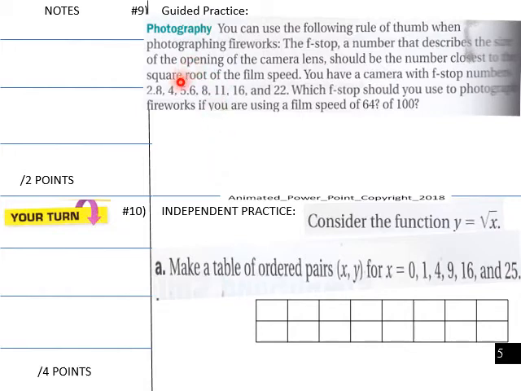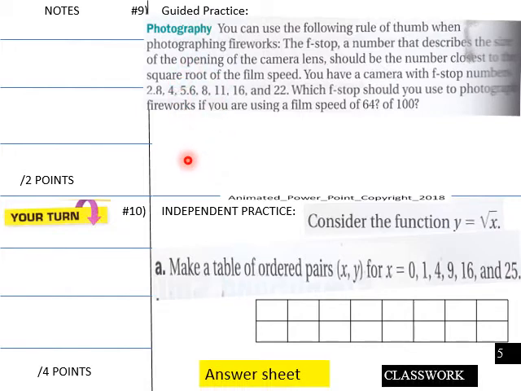So let's go into a guided practice now. Photography. You can use the following rule of thumb when photographing fireworks. The f-stop, a number that describes the size of the opening of the camera lens, should be the number closest to the square root of the film speed.